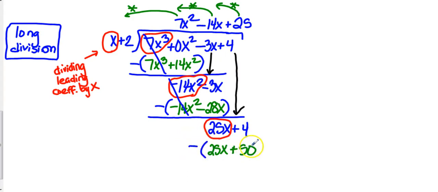We will subtract. 25x minus 25x cancels to 0. And then 4 minus 50, negative 46. I have no other terms to bring down. This is my remainder.